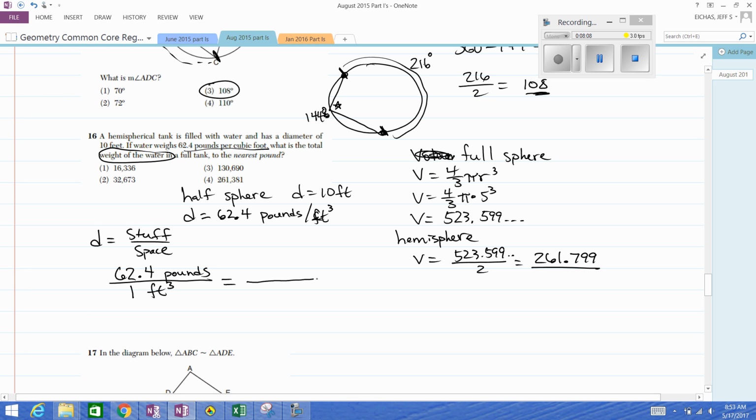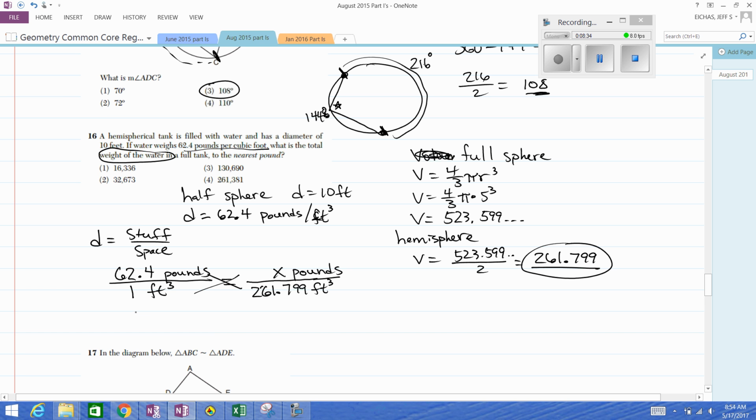So what we have here is a volume which is feet cubed. If we use a proportion, it tells us right where to put that. So we're going to put the 261.799, which is really feet cubed, and then we'll get X pounds. Now we get to use this to our advantage when we cross multiply. You won't see me carry on the units; it was just helping me set it up.